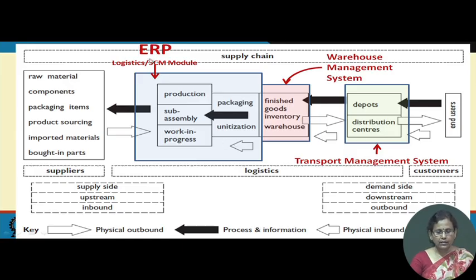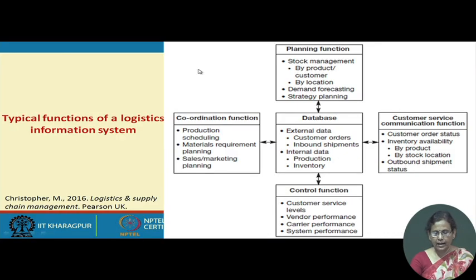Now, this logistics and SCM module of ERP has typically many functions. Some will be planning functions, some coordinating functions, some controlling functions and some customer service and communication functions, and there will be a centralized database and all these subsystems will be taking data from the centralized database and storing the updated information.